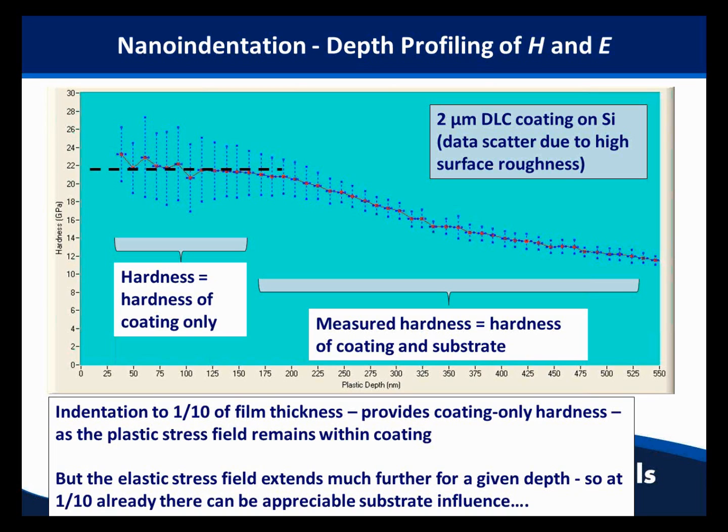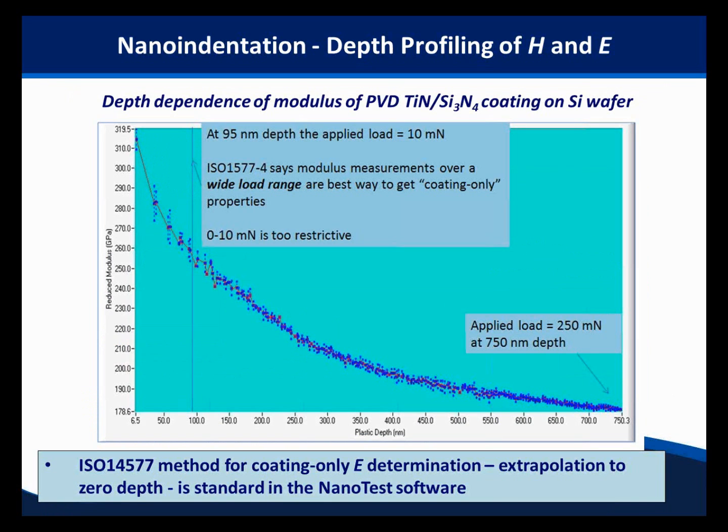So the measured information is a composite of the substrate properties at a much smaller coating thickness to indentation depth ratio. So by the time you reach 1/10, there can already be quite an appreciable substrate influence, and this is particularly clear when you look at very stiff coatings deposited on very compliant substrates, or vice versa.